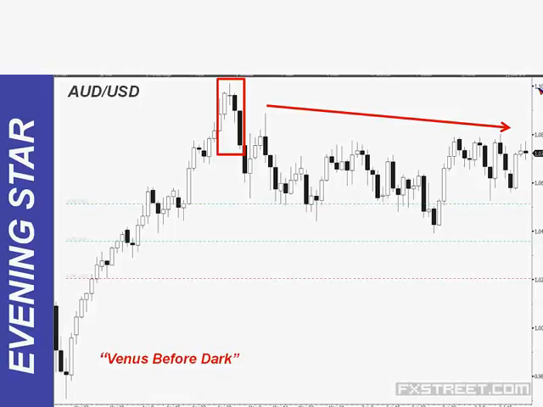Now, I'm going to show you an example of an evening star pattern on the Australian dollar. I'm currently bearish on the Australian dollar. It hasn't been an easy trade, but one of the key signals for me is the market top in Aussie dollar, which topped around 110, and that shows you an evening star pattern where you had a market rise.